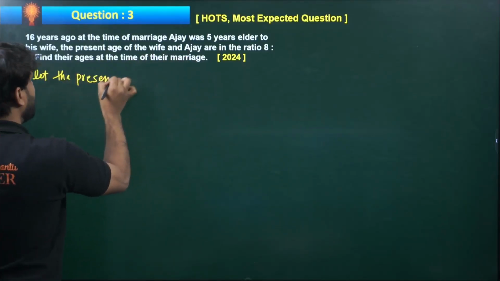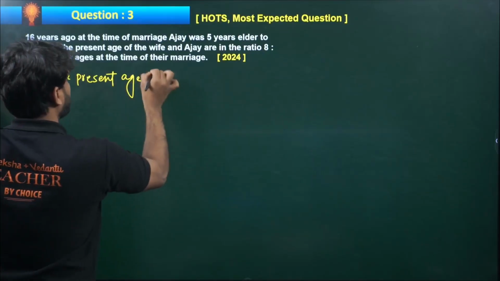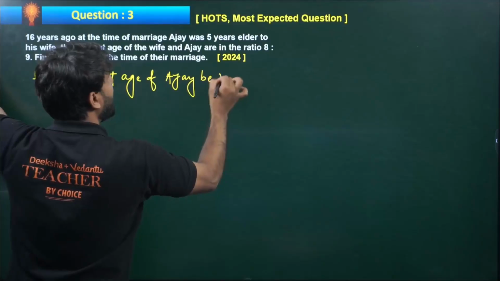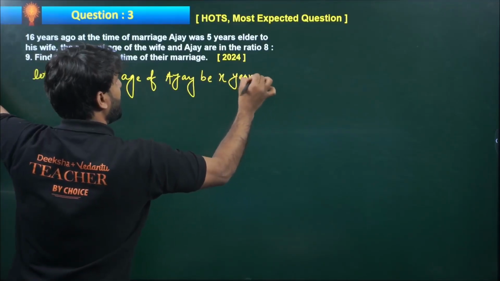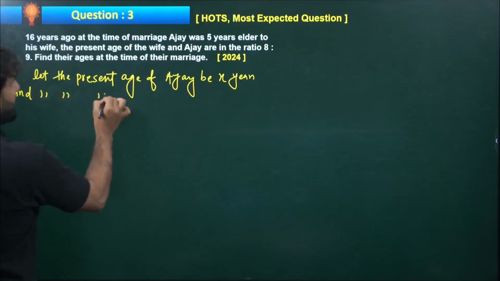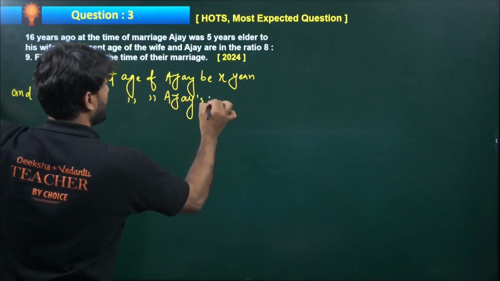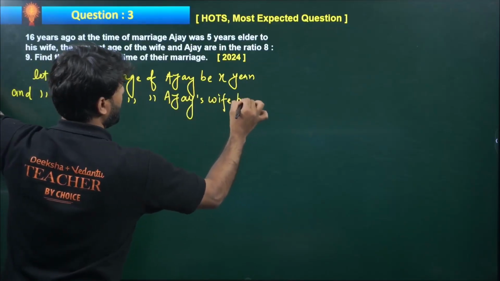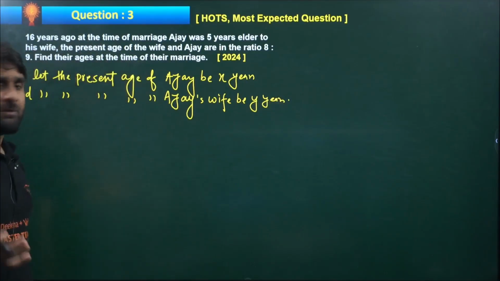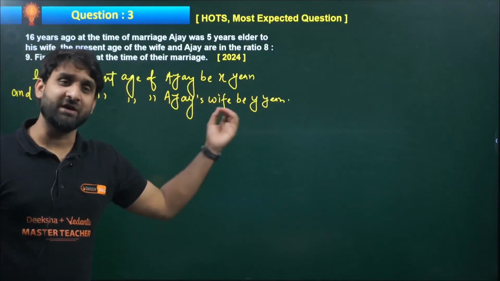Let the present age of Ajay be x years, okay, everyone, and let the present age of Ajay's wife be y years. So we have supposed the present age of Ajay to be x years and the present age of Ajay's wife is y years.